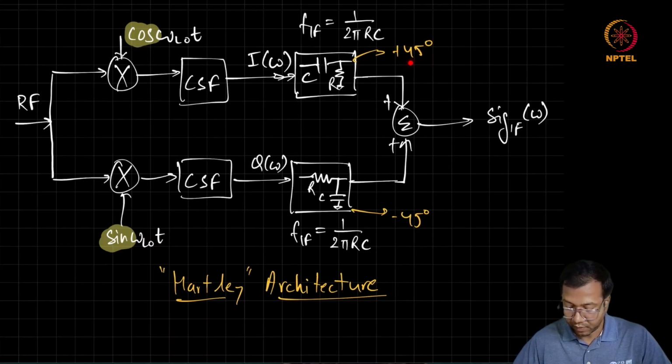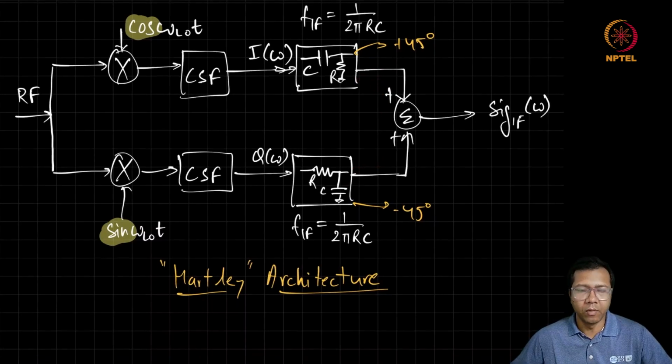One issue we can already see is that these filters will have a very narrow band in which they will provide equal magnitude as well as 90 degree phase shift. If you just look at the phase shift, definitely these two paths will always have a 90 degree phase shift across a wide band, but the magnitudes are not going to be matched. They will be matched only at the pole frequency of these two filters.